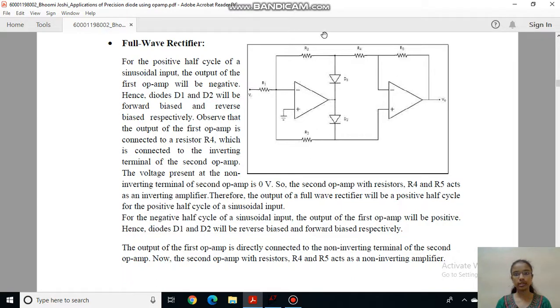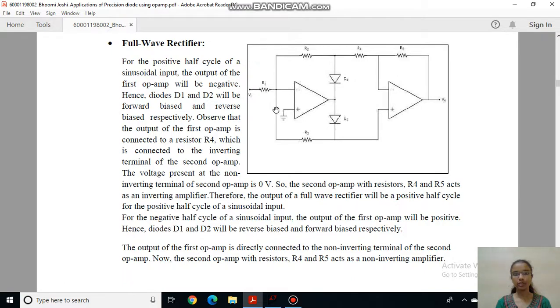This negative output is provided to this second op amp with the help of this R4 resistor. So this op amp 2 will act as inverting amplifier. So at the end, in the final output we will get positive half cycle only.